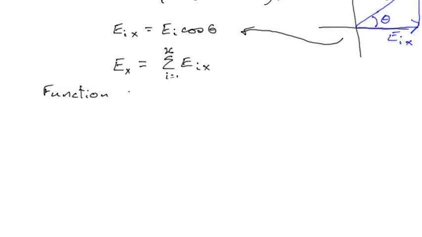I'll write it as E underscore x equals EX of x. So this is the name of the function right here that I'm going to use, and this is my return variable name. Now I'm actually going to be typing that line in.